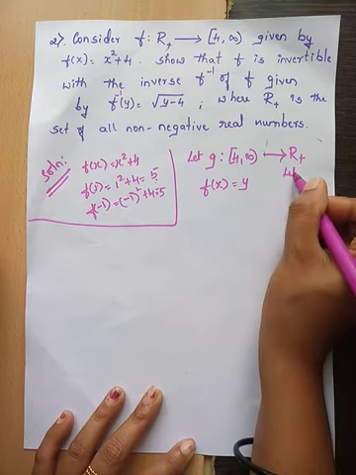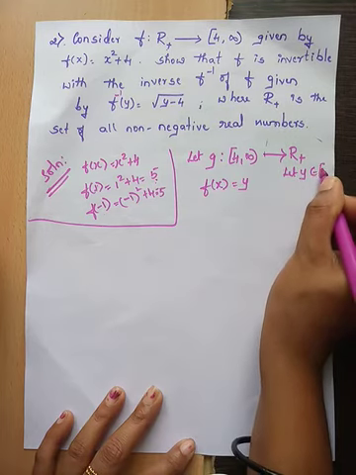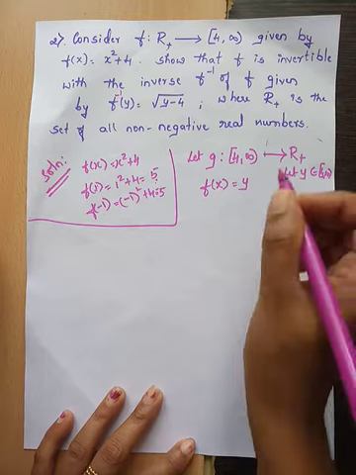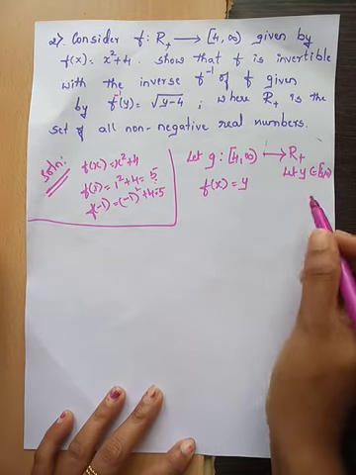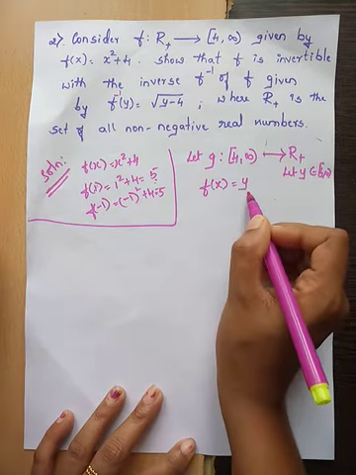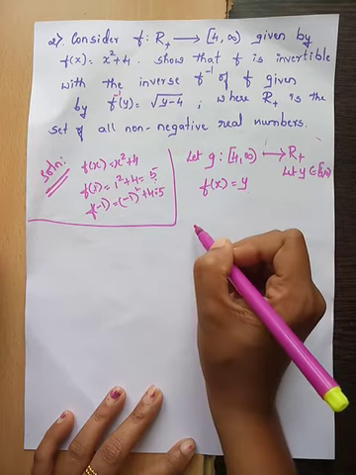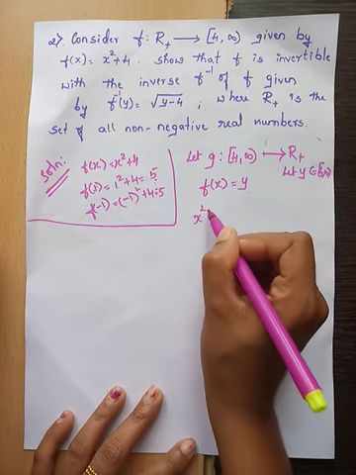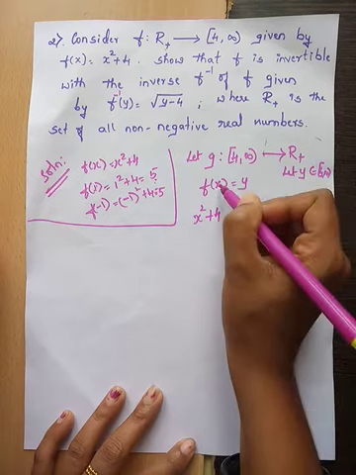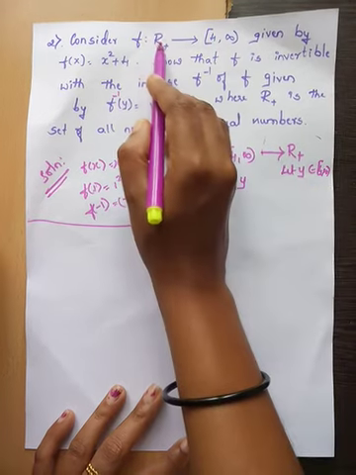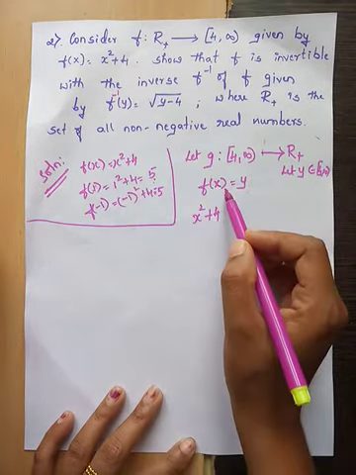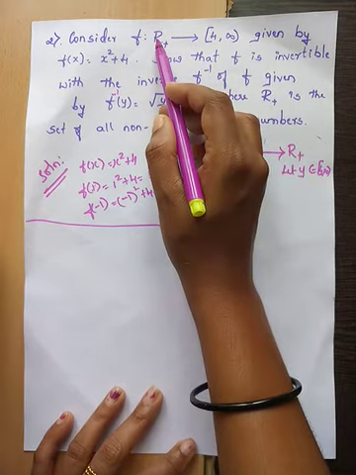But we know what f of x is: f of x is x square plus 4, where x belongs to the non-negative real numbers. Remember, x belongs to the non-negative real numbers.